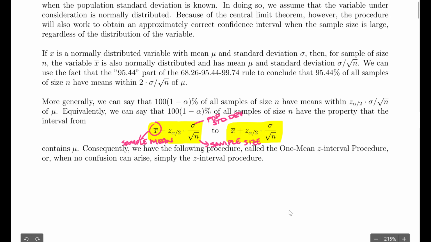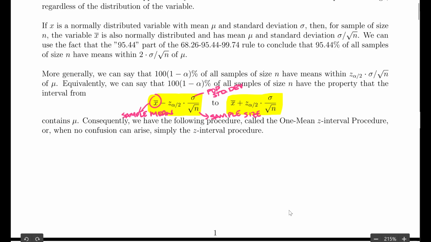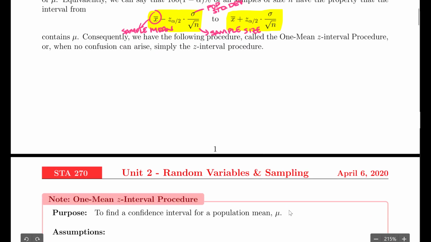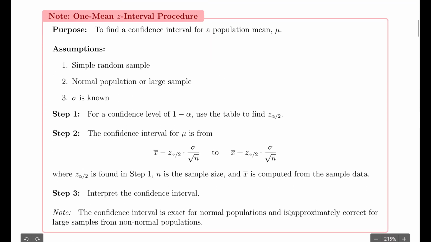Once we find those values, then we can compute the confidence interval and come up with this range that works for whatever our confidence interval or level needs to be. So here's a step-by-step process. First, we assume that there is a simple random sample. Second, we assume a normal population or a large sample.